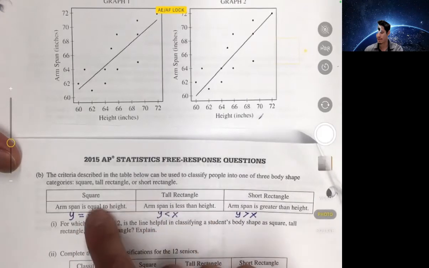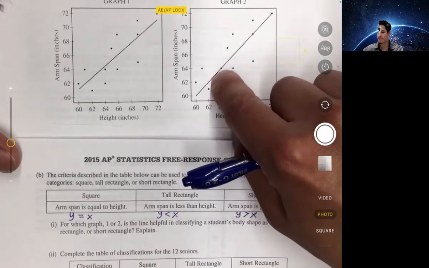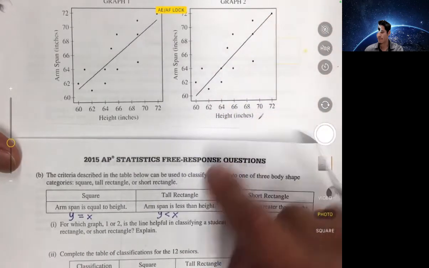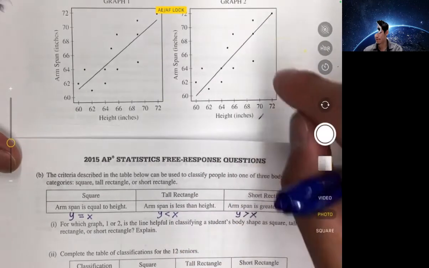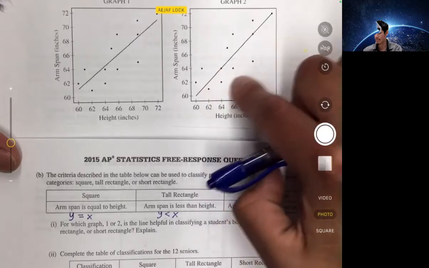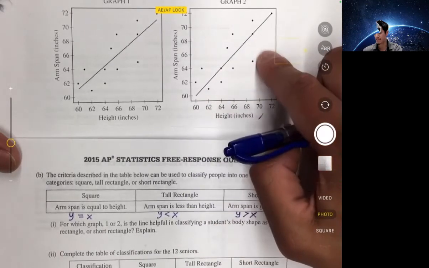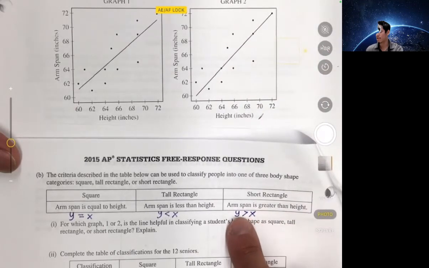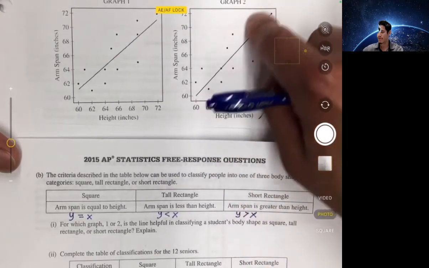People with the square body type would be represented as points on the line. People who fall into a tall rectangle would be points below the line. There would be these points right here. That is y is less than x. And for a short rectangle, we're talking about the inequality y is greater than x, so the values above this line.